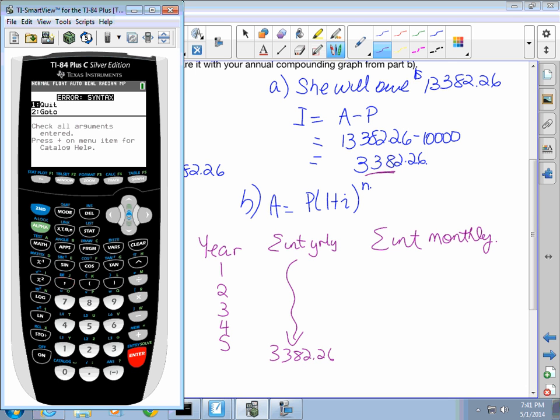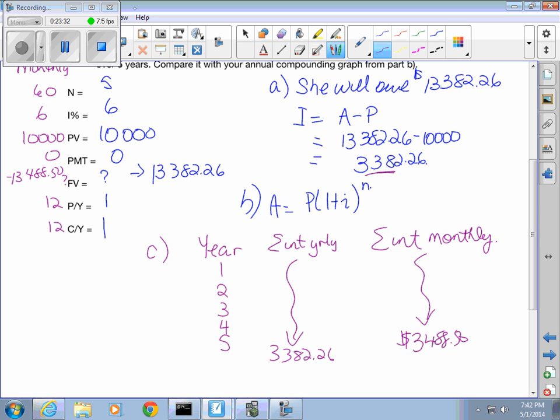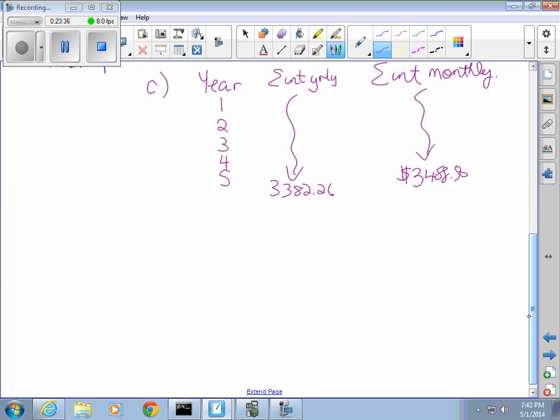Oh, where did I make a mistake? Oh, double bracket. I see that I pay $3,488.50. So what you find is when you compound it monthly, because there are more periods to do the compounding, you have more interest to pay.